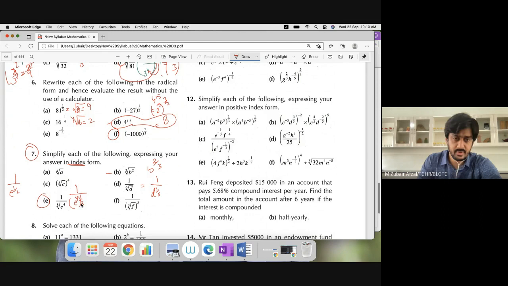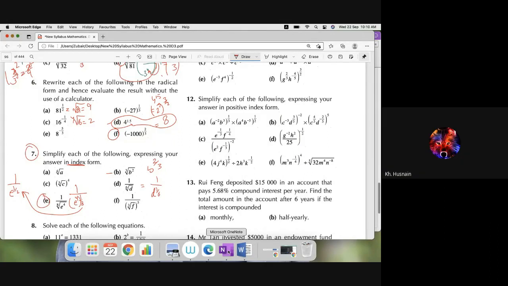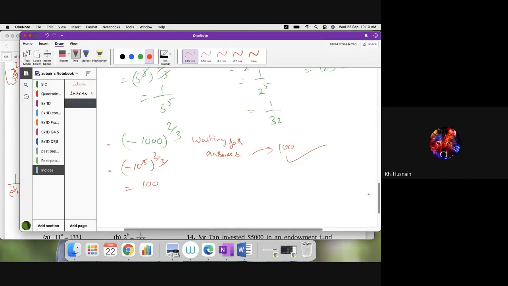When we simplify these two powers, when you multiply 4 into 1 by 8, you get 1 by 2. Is it clear now? Okay. Now next step.